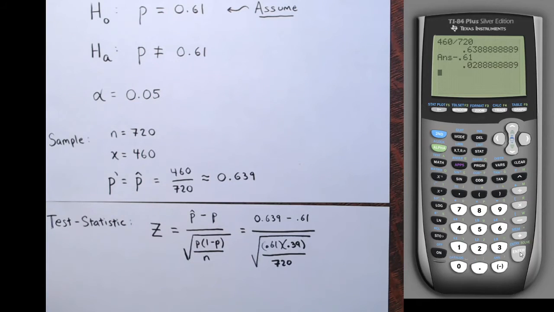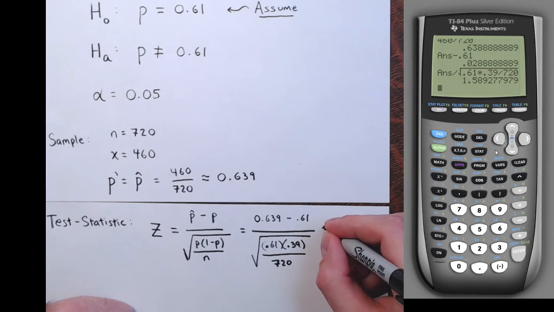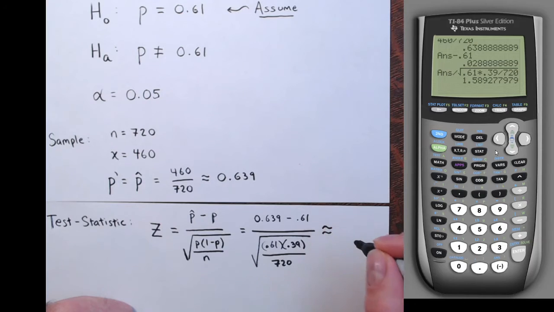Then divide by the square root of 0.61 times 0.39 divided by 720, making sure all those numbers are under the square root symbol. If I round to 2 decimal places so I can use the table, I get a z-score, a test statistic, of approximately 1.59.